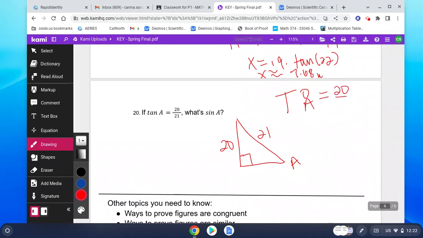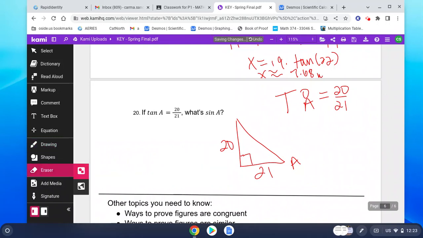Your opposite and your adjacent are what's given to you, and they want to know the sine of A, which is going to be the opposite over this unknown. So let's call that hypotenuse X, and let's go do Pythagorean to get it.